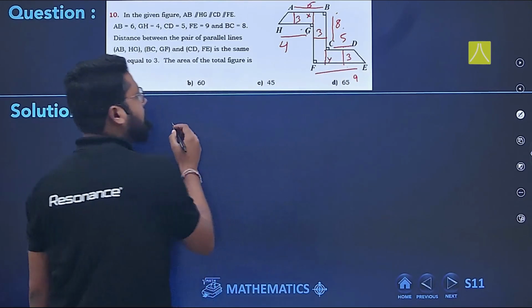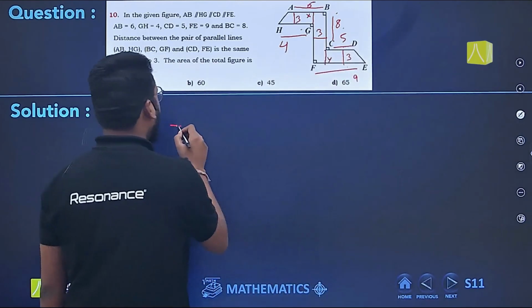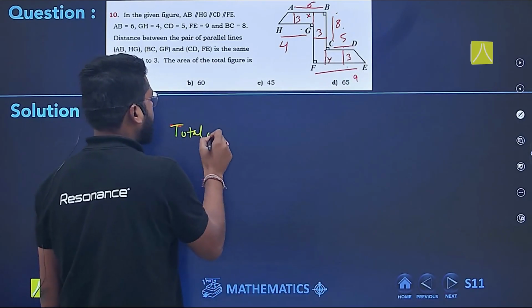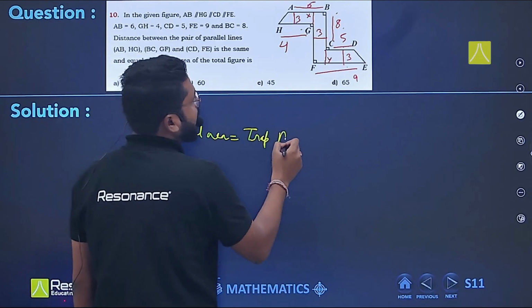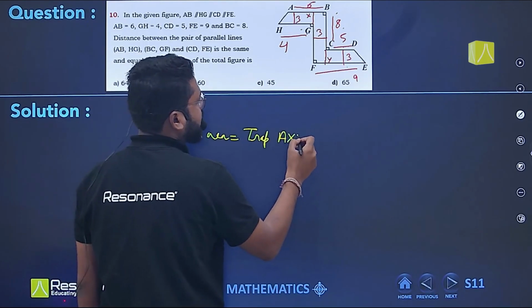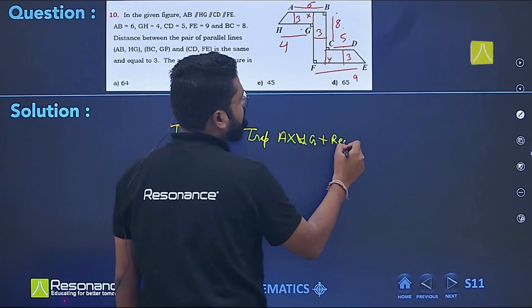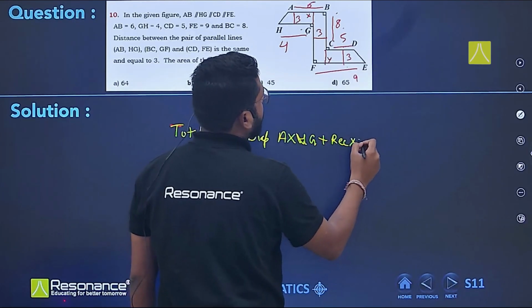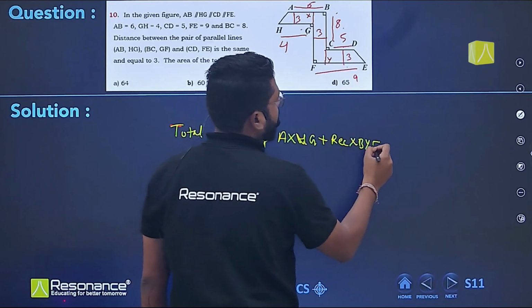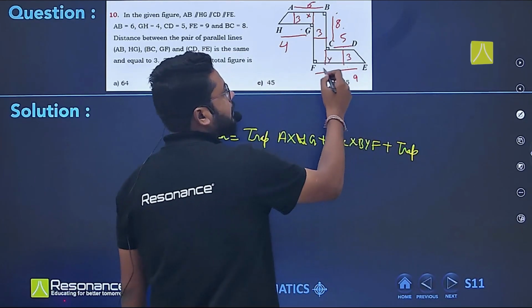So total area will be trapezium AXHG plus rectangle XBYF plus again the third figure is also a trapezium CYED.